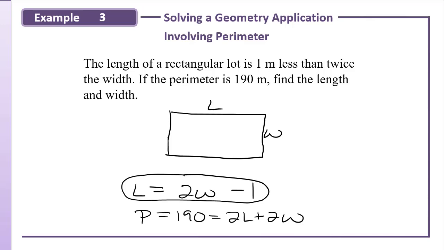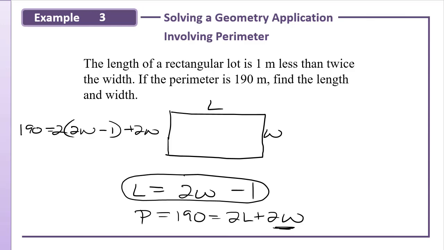So we say it's been solved for L. And that means in the other equation, wherever we see an L, we're going to put all of this in its place. So that means we're going to have 190 equals 2 times L, but L now becomes 2W minus 1, and then we still have the 2W at the end.